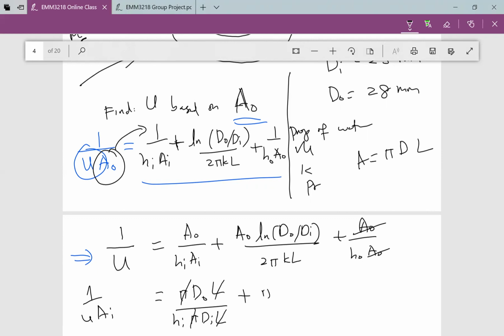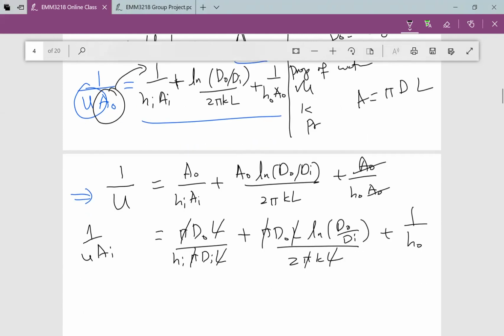What is this? Pi D outer length, natural log, pi KL. So pi cancels, L cancels, and then this one is 1 over H outer. So what you have is D outer over H_i D_i plus D outer natural log, 2K.